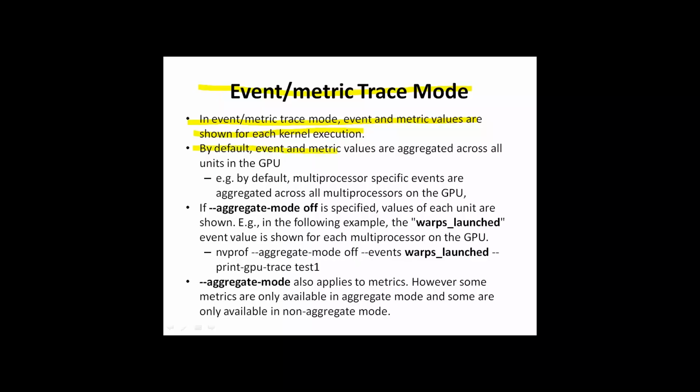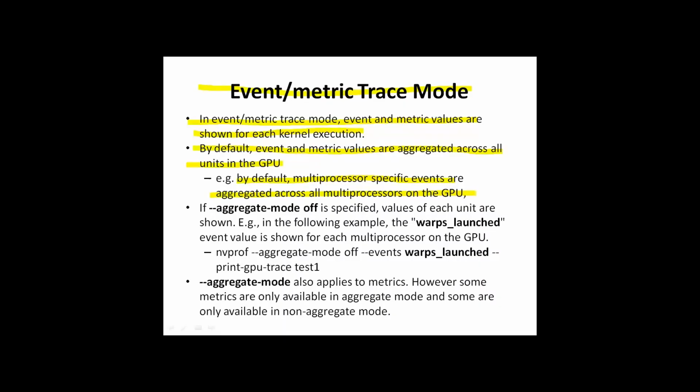Now by default, event and metric values are aggregated across all the units in the GPU. For example, by default, multiprocessor specific events are aggregated across all the multiprocessors on the GPU. For example, this GT740 has two multiprocessors.